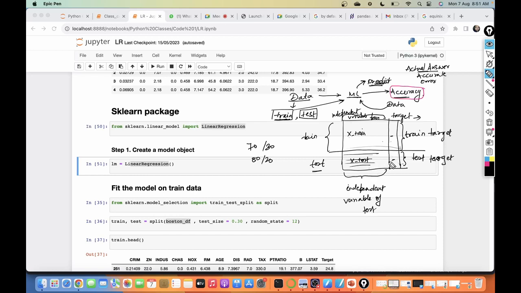Then since we know the answers, we map the answers. We check how many were correct and how many were incorrect, and accordingly we say the accuracy of the model, right? So this is the overall map that we basically follow in machine learning always. Okay, so I hope till now this is clear, and we have reiterated these steps a lot of times.